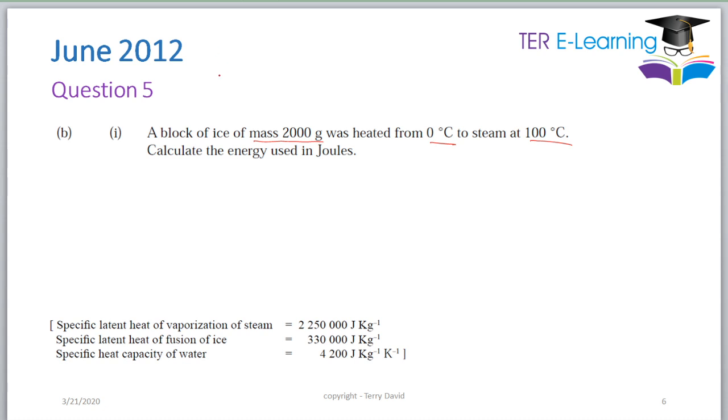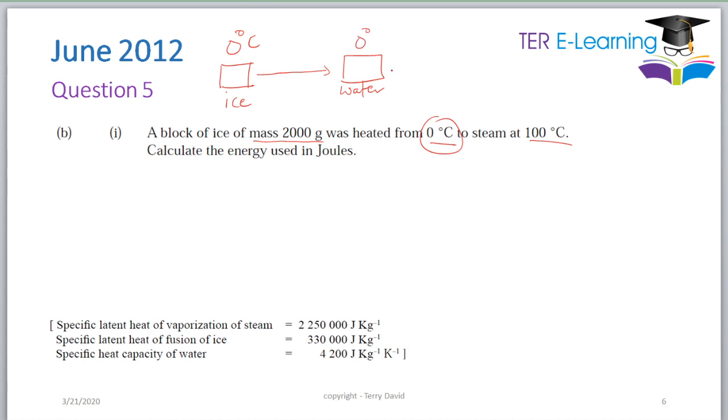So we started off with a block of ice, which was heated from 0 degrees to steam. So this is ice, right? And they told you that it starts at 0 degrees. So this is 0 degrees Celsius. Now this ice must first be converted into water at 0 degrees Celsius, right?